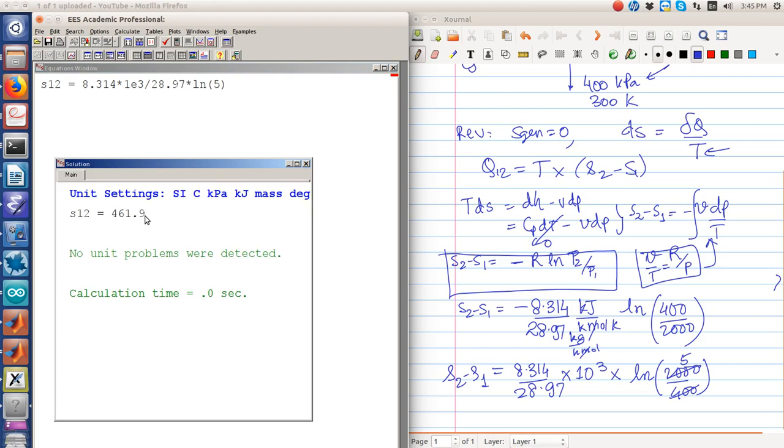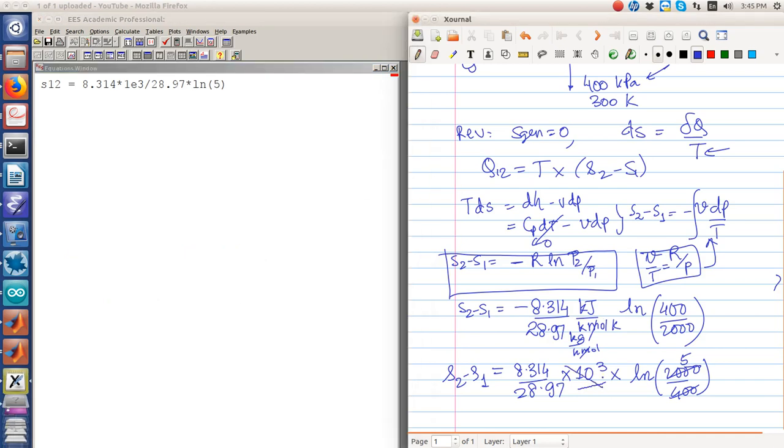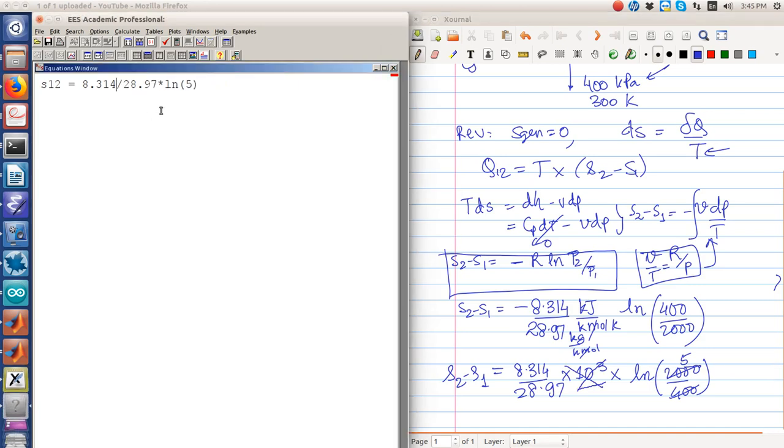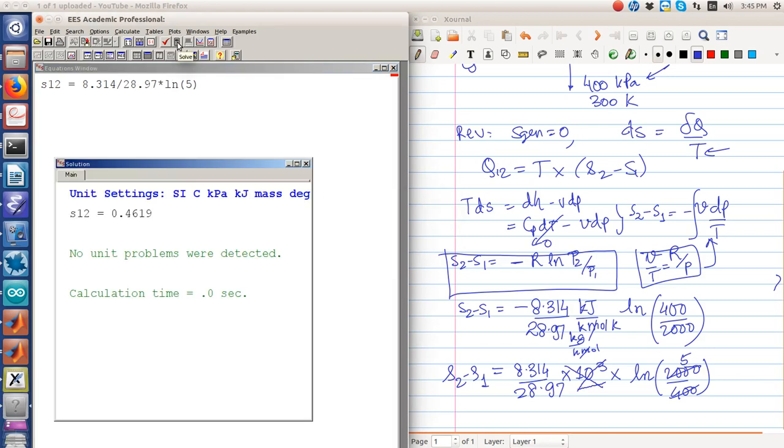The entropy change is 461.9 joules. In fact, let us write everything as kilojoule only. So this is kilojoule per kg Kelvin.